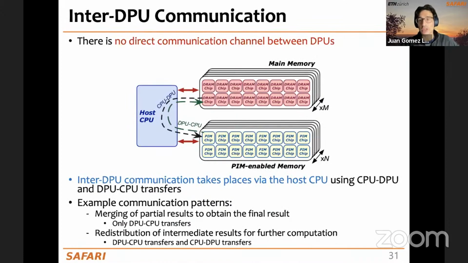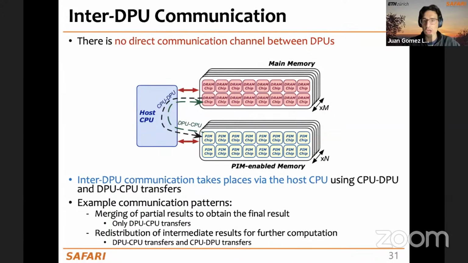So it was important, remember as well, a key programming recommendation in the UPMEM system was to try to minimize the communication needs across the DPUs, because all communication happens through the host CPU, and that's quite costly according to our analysis, at least for specific benchmarks that really require a lot of back and forth communication.